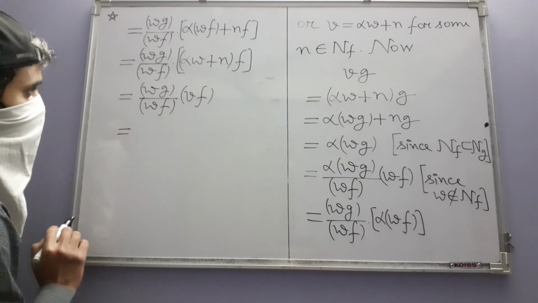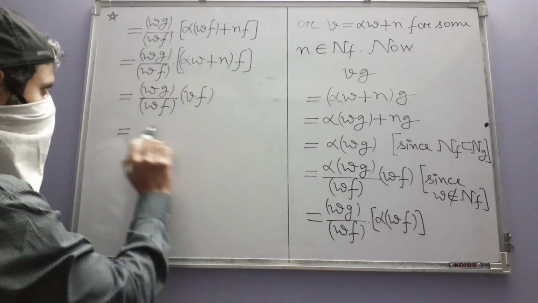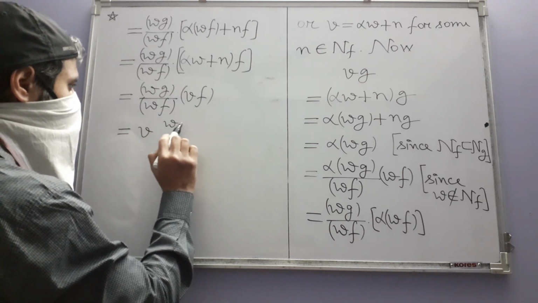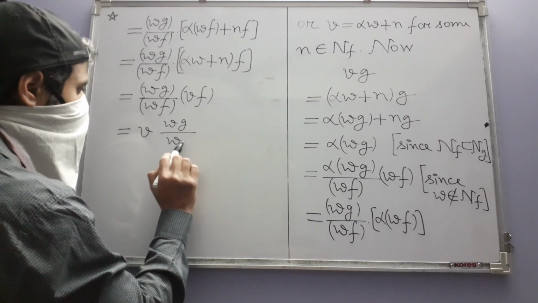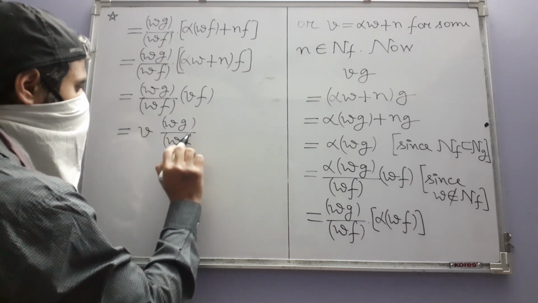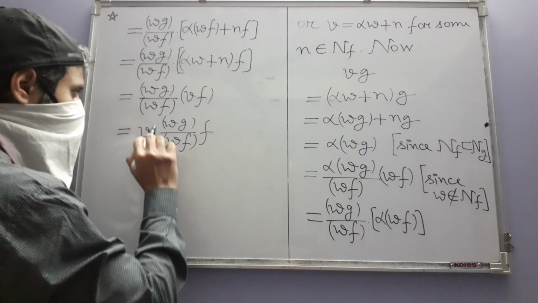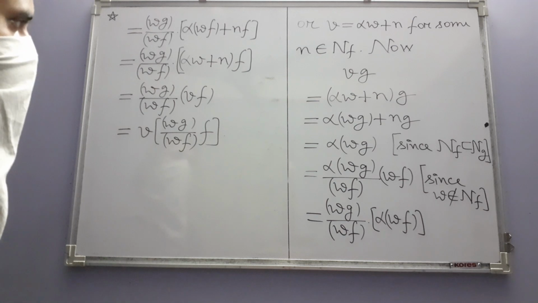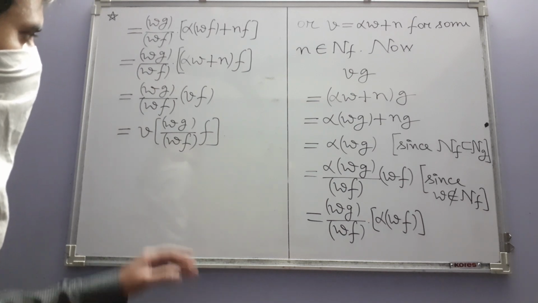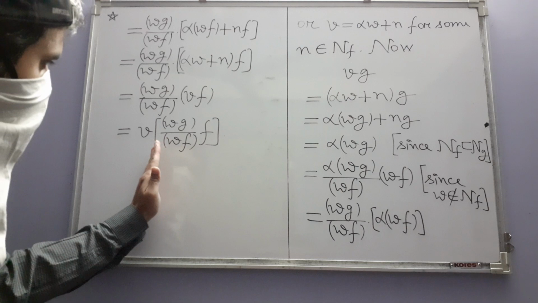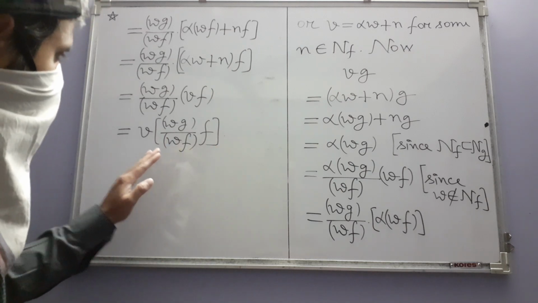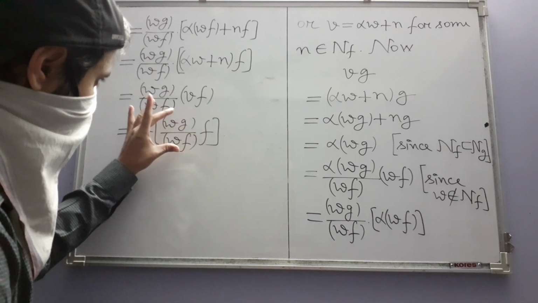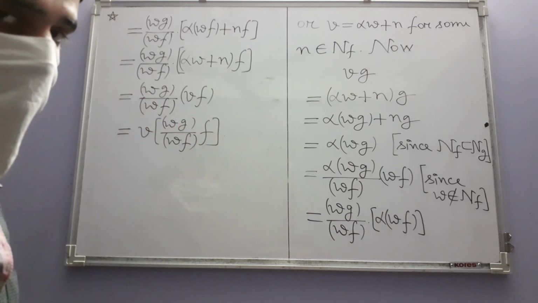And now if you look carefully, I can write this thing as v times, what is this? What you are looking at inside the square brackets is a scalar multiple of the linear functional f by this scalar. What does it mean?